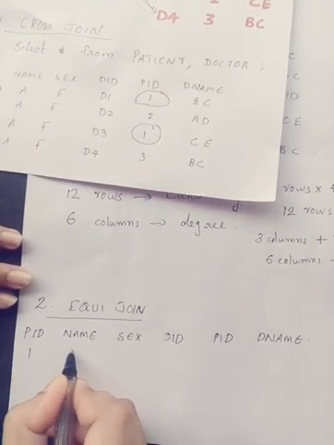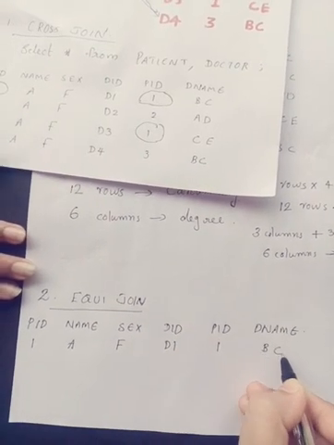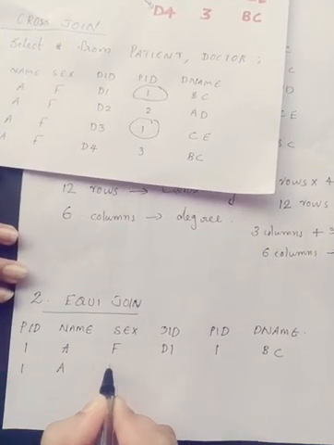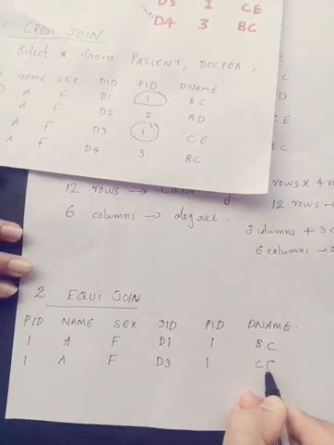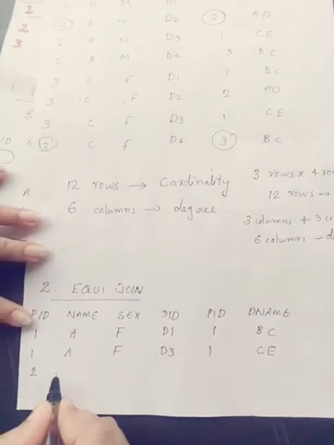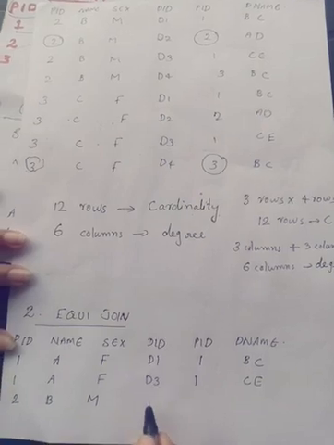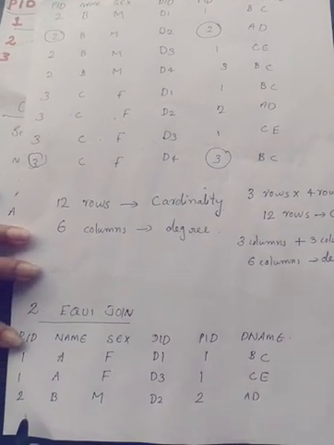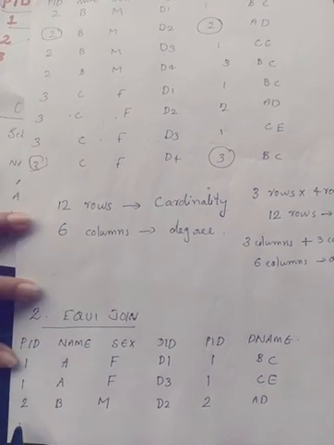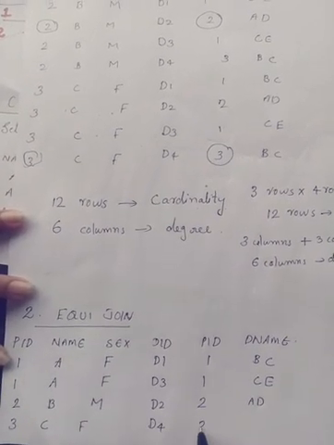1 A F D1 1 BC, 1 A F D3 1 CE, 2 B M D2 2 AD, then 3 C F D4 3 BC.